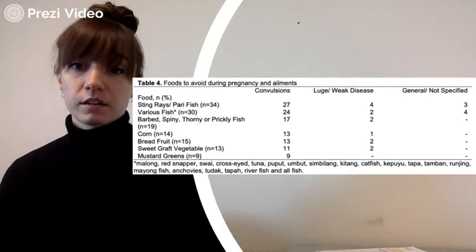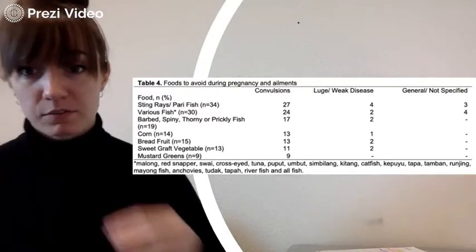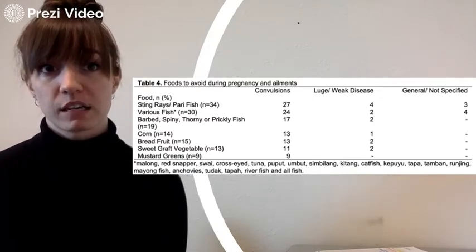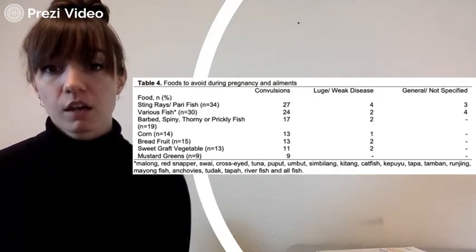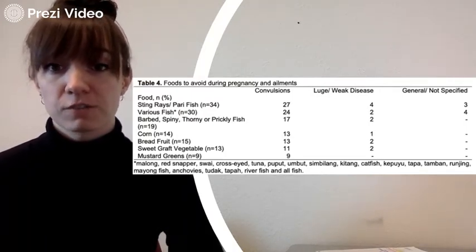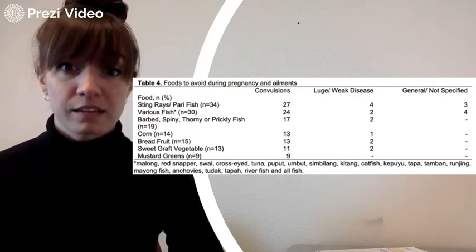Another interesting thing that showed up in the data was mothers' beliefs on food and nutrition during pregnancy and during breastfeeding. So you can see off to the left, there are all these different foods that mothers believe they should avoid to prevent the illnesses across the top.